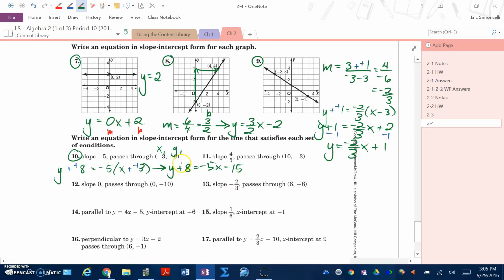And then from here we'll subtract 8 from both sides, in which we will then have our final answer as y equals negative 5x minus 23.